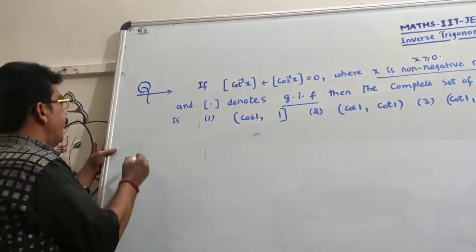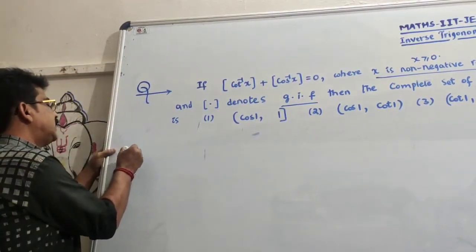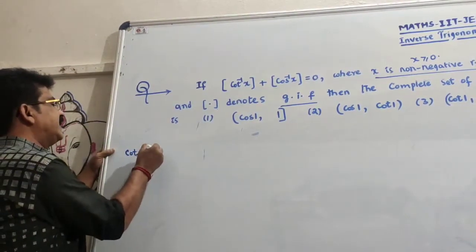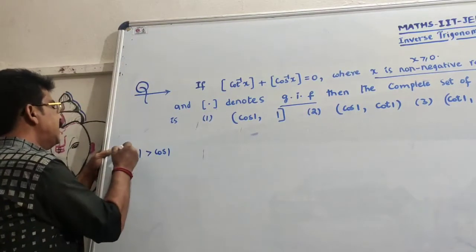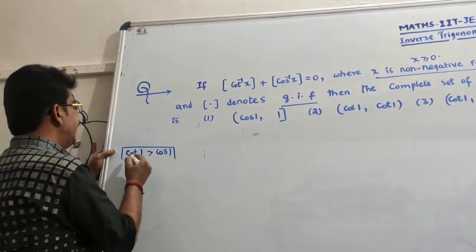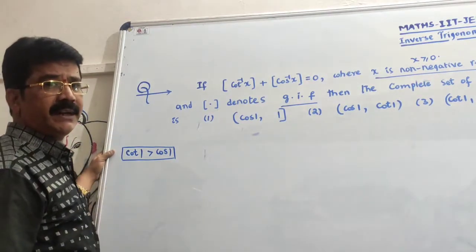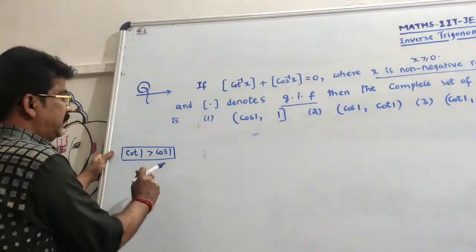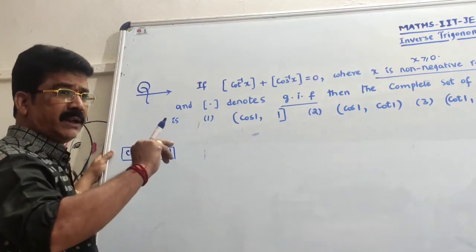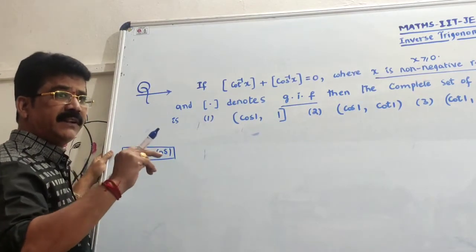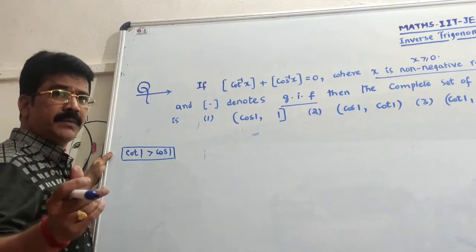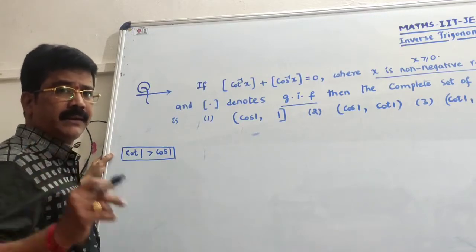First remember one basic point, cot 1 radian is greater than cos 1 radian. Already I said in first year, I mean 11th standard trigonometric ratios, that kind of problems, already I said in the classroom.